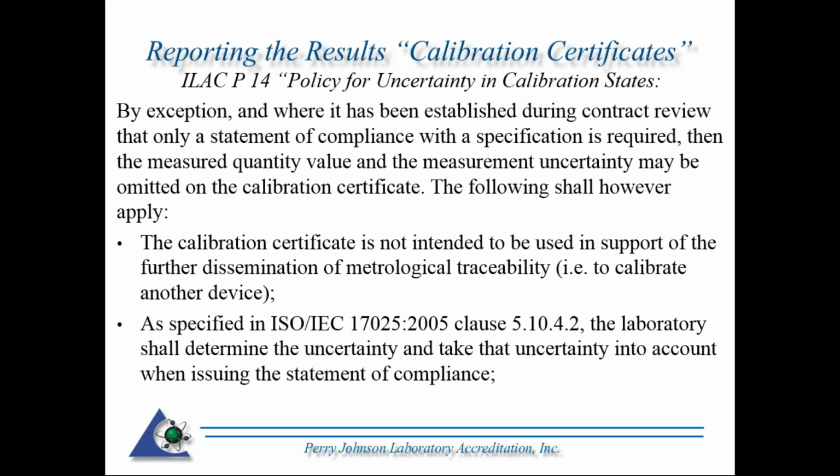The calibration certificate is not intended to be used in support of further dissemination of metrology traceability, i.e. to calibrate another device. Hence, what this is saying here, if a calibration lab is calibrating, let's say, a thermometer, and that thermometer is not going to calibrate anything else, then this applies.